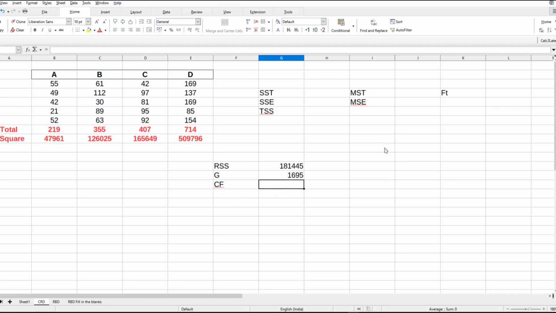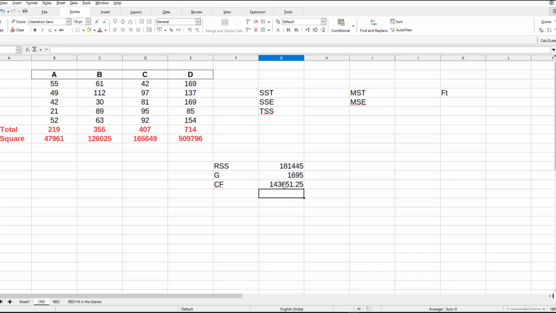The formula for correction factor is G square by N. So this is equal to 1695 square divided by N. N is total number of observations. In this case, every treatment has 5 repetitions and we have 4 treatments. That means 4 into 5 is 20. So we will divide it by 20.